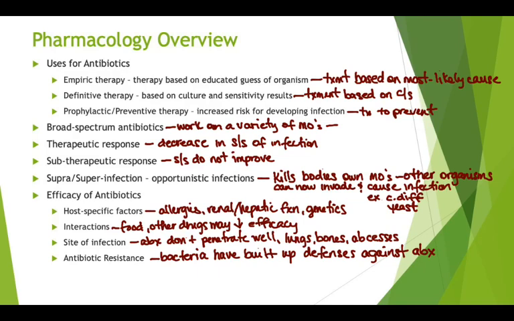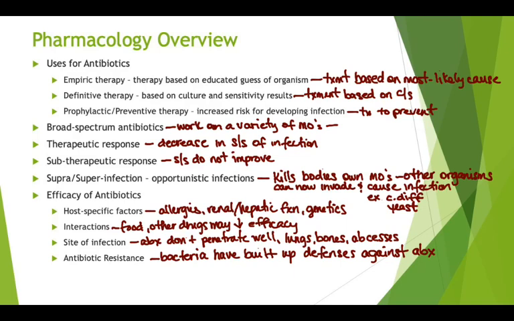With empiric therapy also, just an aside, cultures should be obtained before drug therapy is initiated, whenever possible. Even though we're treating empirically, we want to make sure that if we continue treatment, we are treating the bacteria with the right antibiotic. So we obtain the culture before we actually give the antibiotic, so that if we're not giving the right antibiotic, we can change it once we get the cultures back.